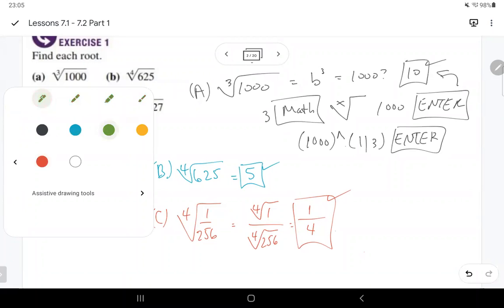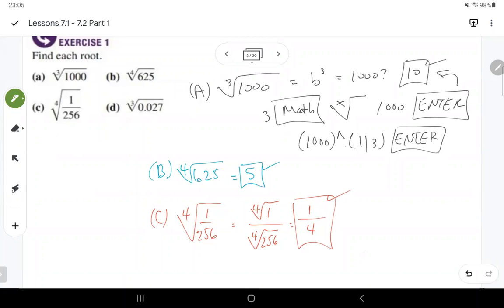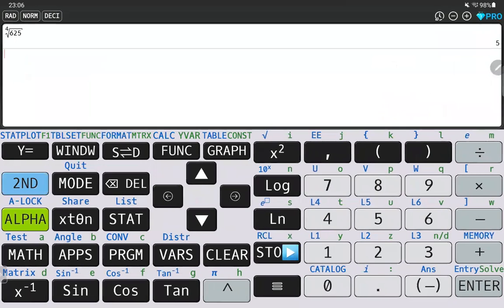And the last question you have to ask yourself is, what times itself 3 times will get you 27? The reason I say 27 is because then we can just use that knowledge to get the 0.0027, or if we really wanted to, we could come back into the calculator, clear it, and say, what is the cubed root?